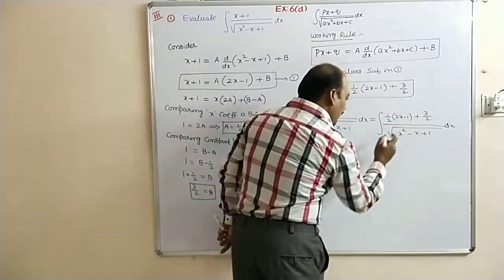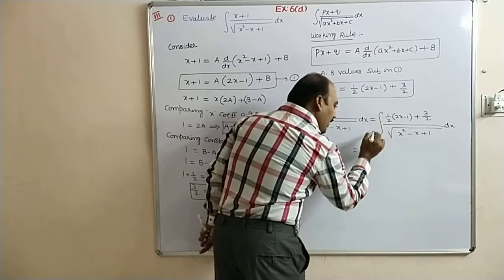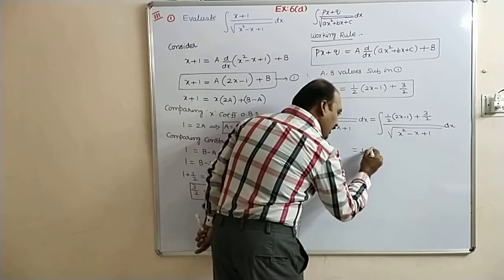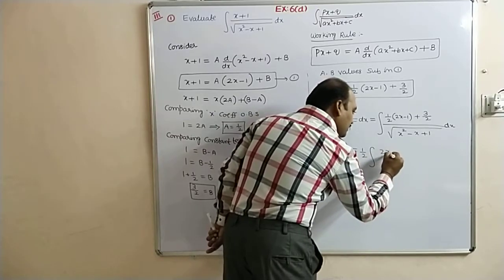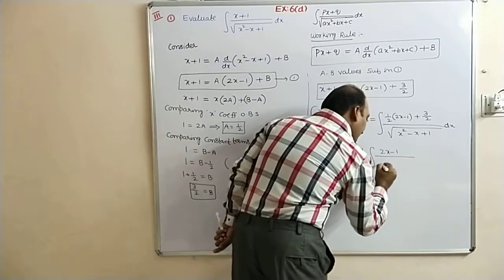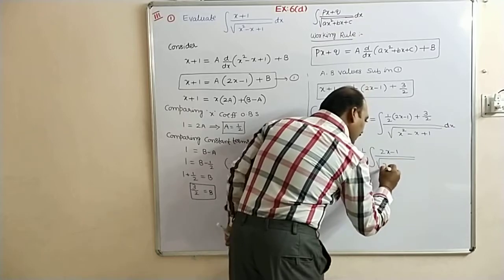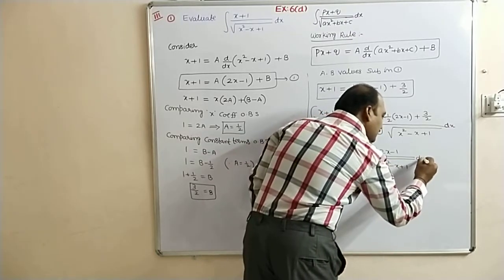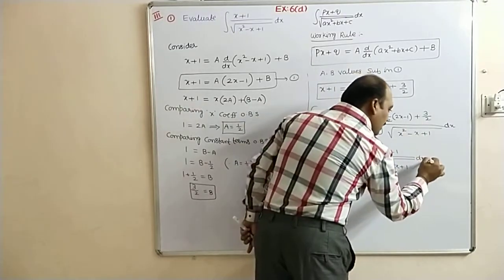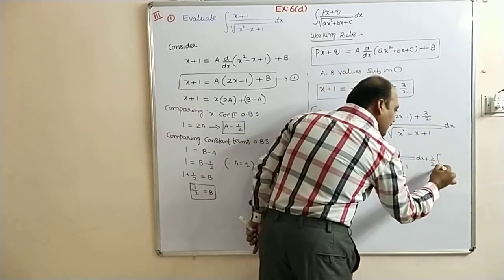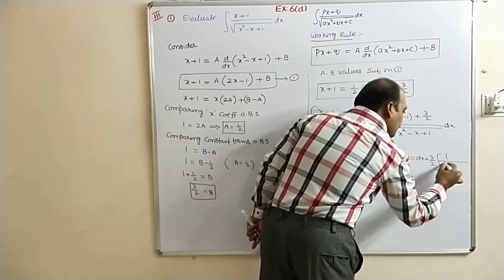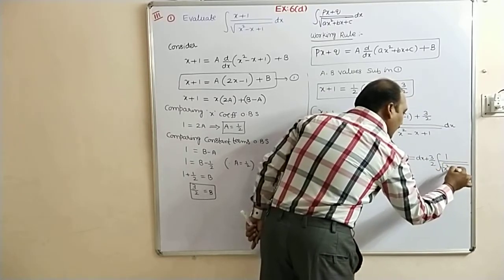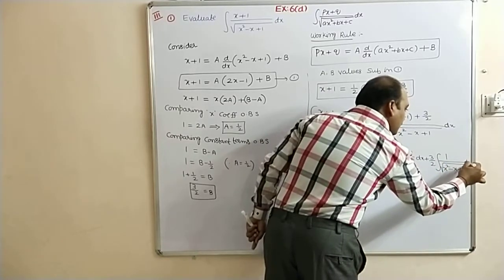Now split into two integrals. The 1 by 2 constant we can take outside: integral (2x minus 1) divided by the square root of (x square minus x plus 1) dx, plus 3 by 2, the constant we can take outside, and the rest of the term 1 by the square root of (x square minus x plus 1) dx.